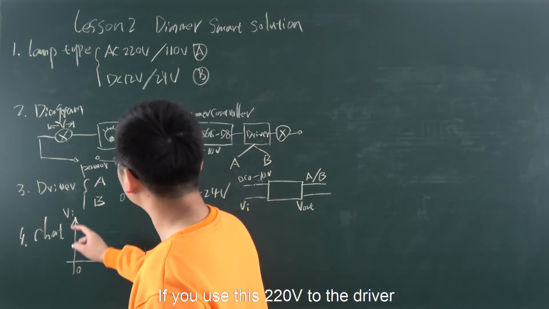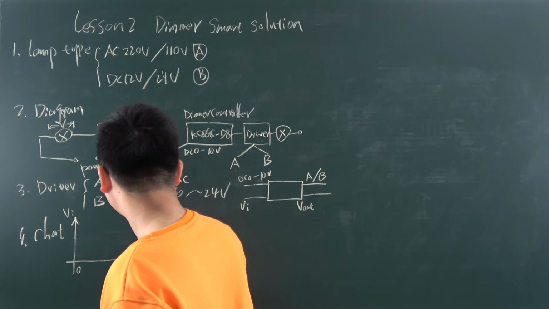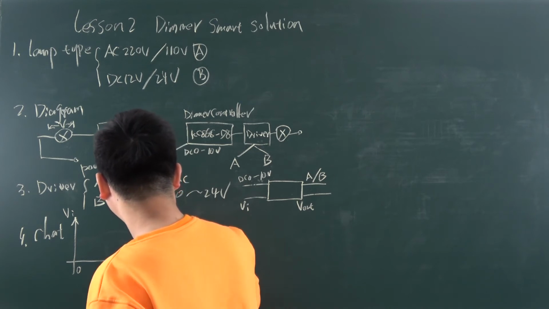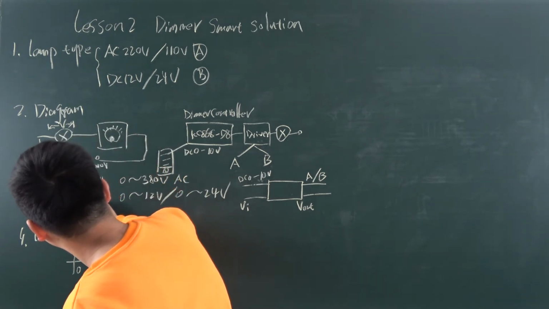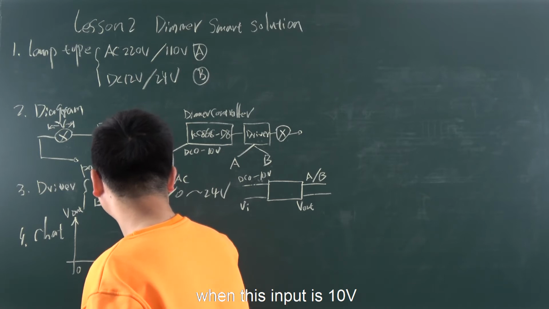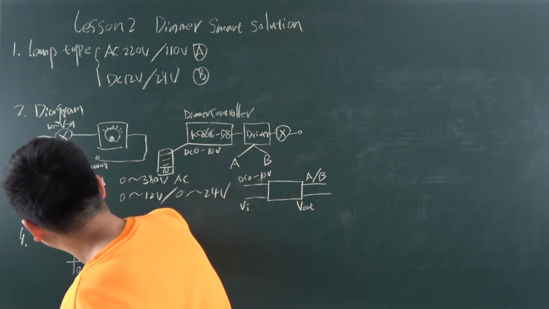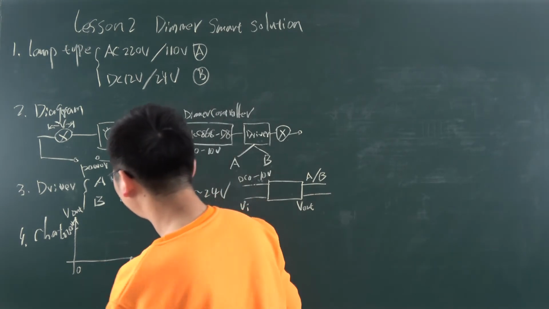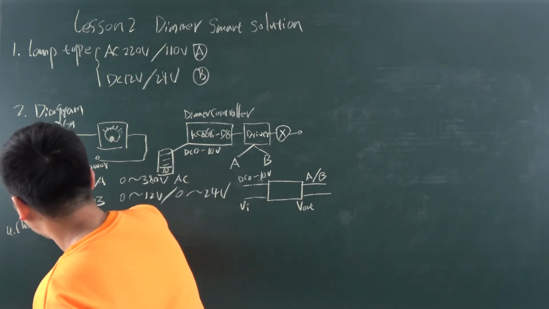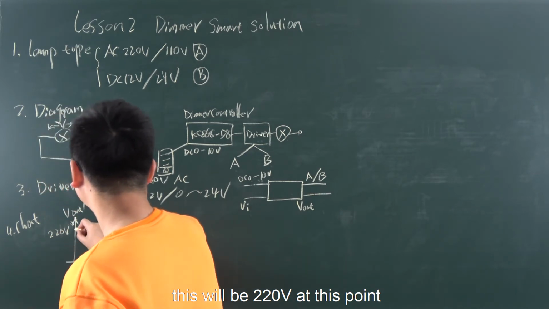If you use 220 voltage with the driver, when the input is 10 voltage, the output will be 220 voltage at this point.